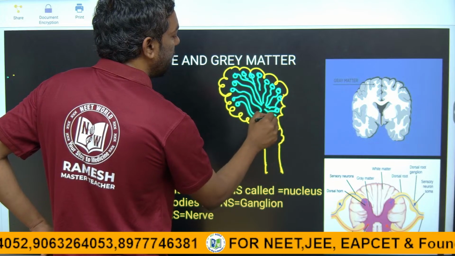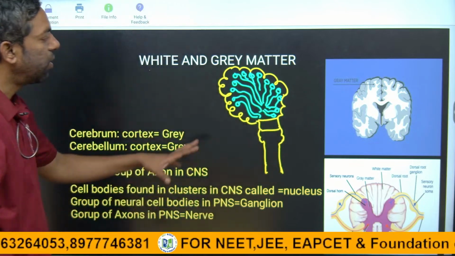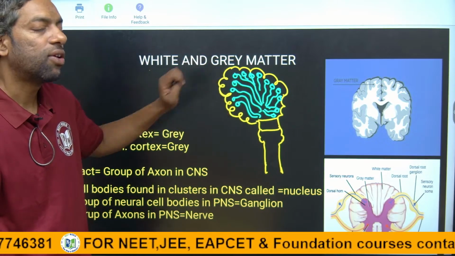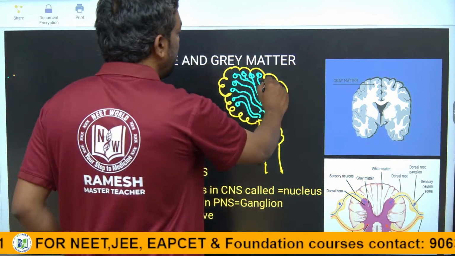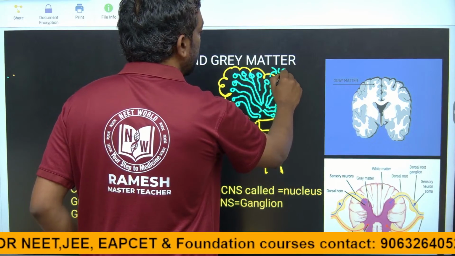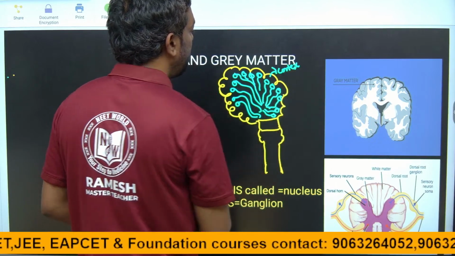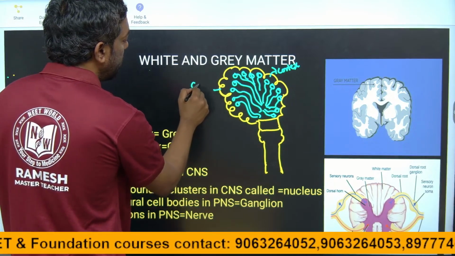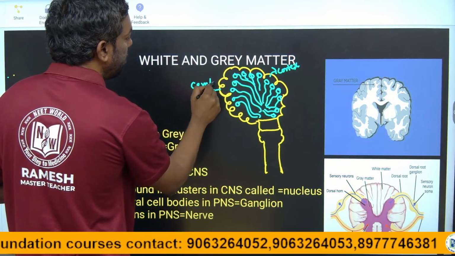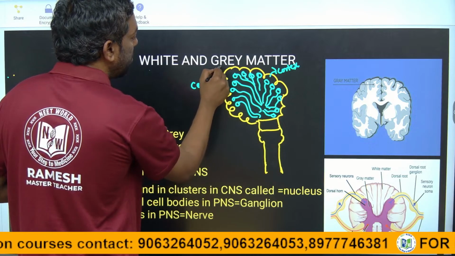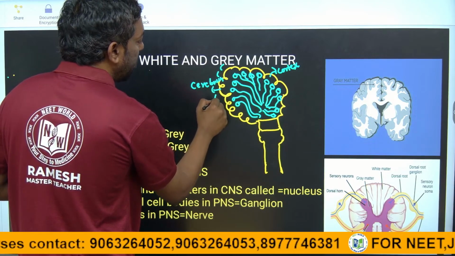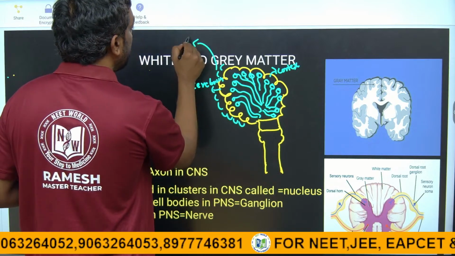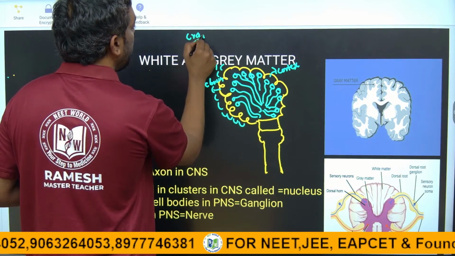The cell body is the outer part, which is the cortex of the brain. Brain here means the cerebrum, which is supported by the skeleton called the cranium.